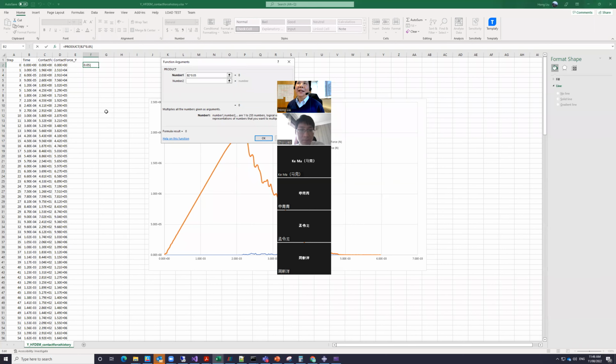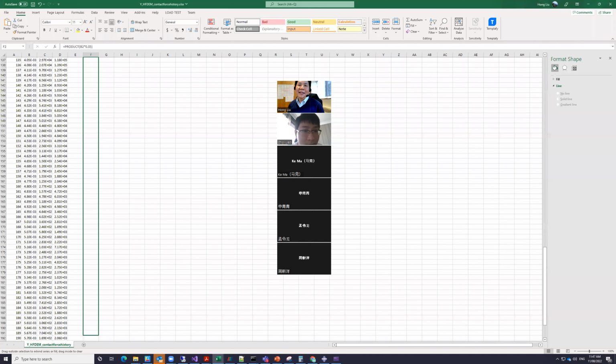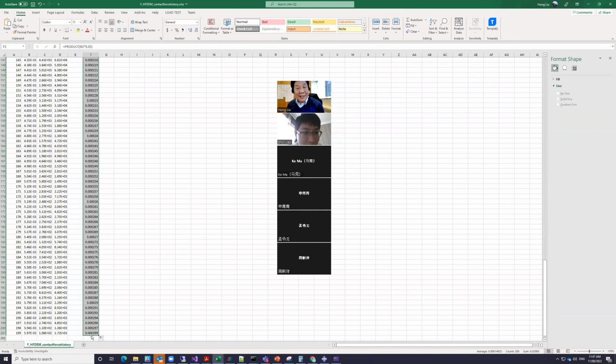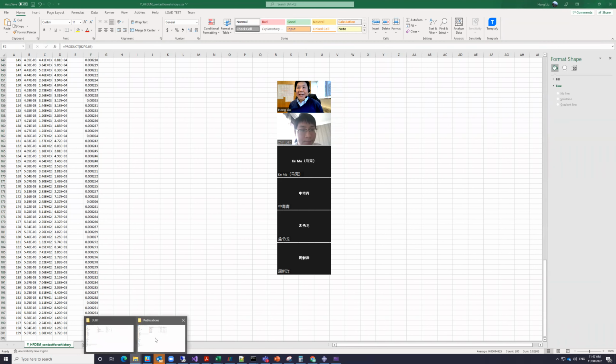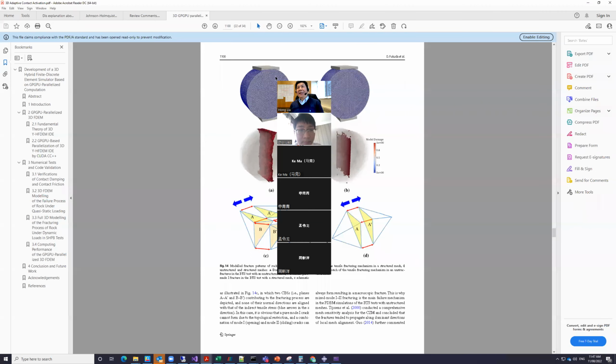Then that will be the loading displacement, so you can calculate it. The loading displacement is quite small, representing the typical brittle failure. This can give the evidence that the loading rate does not have a bigger influence.